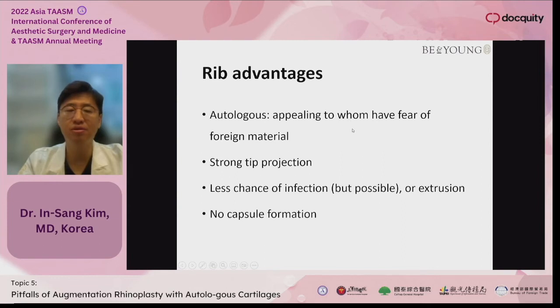It is autologous, so it is appealing to patients who have a fear of foreign materials. It can also give strong tip projection, and there is less chance of infection. And there's no chance of capsule formation. Those are the advantages of rib cartilage.